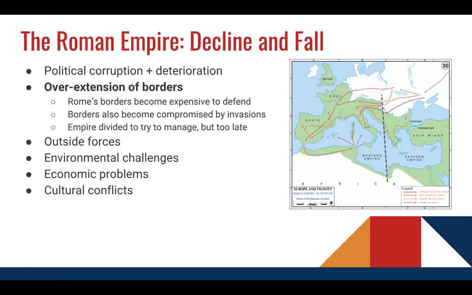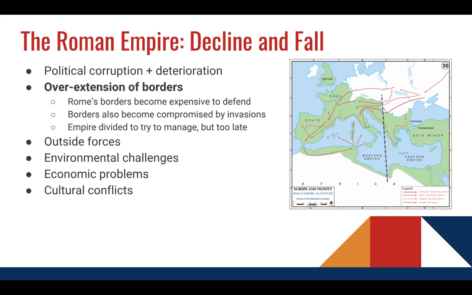Another thing that we see in Rome is the overextension of borders. Rome certainly grows to be so large that it just becomes too expensive to defend. Eventually, its borders will be compromised by invasions, and that just simply will be very expensive. That'll lead to raising taxes in Rome, which, of course, the people won't like very much.